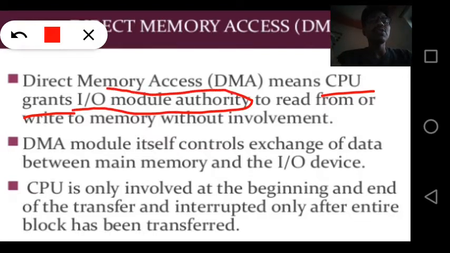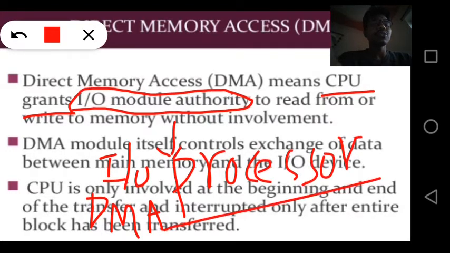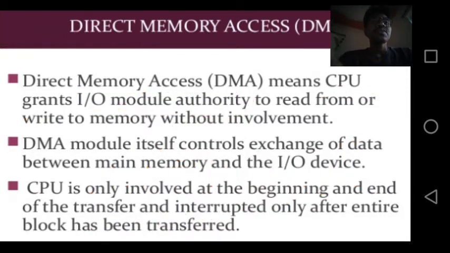The IO module is a dedicated processor, you can call it the DMA processor, and its job is to transfer the huge amount of data. The DMA module itself controls the exchange of data between the main memory and the IO device.